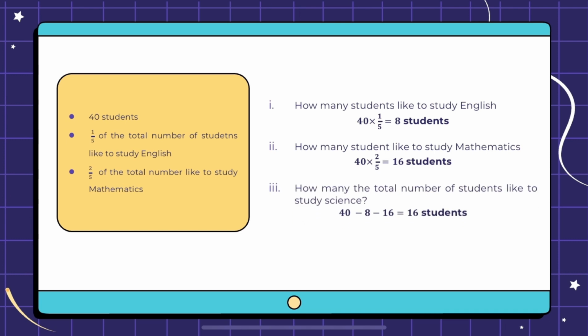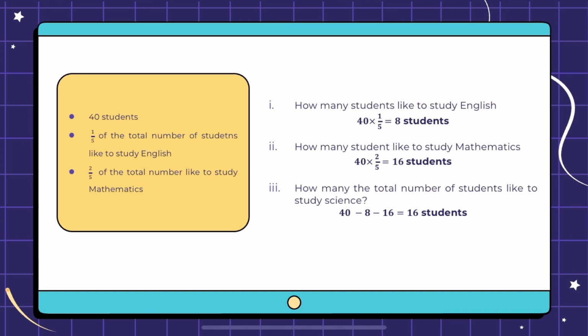Okay, the last question. How many students like to study science? We know that there are 40 students in a class, and we have found that there are 8 students who like to study English, and 16 students who like to study mathematics.